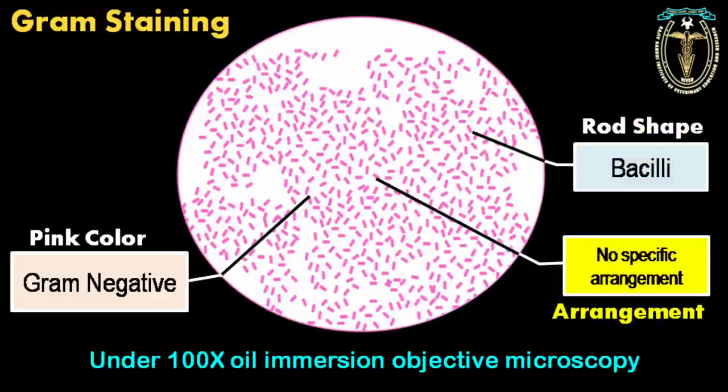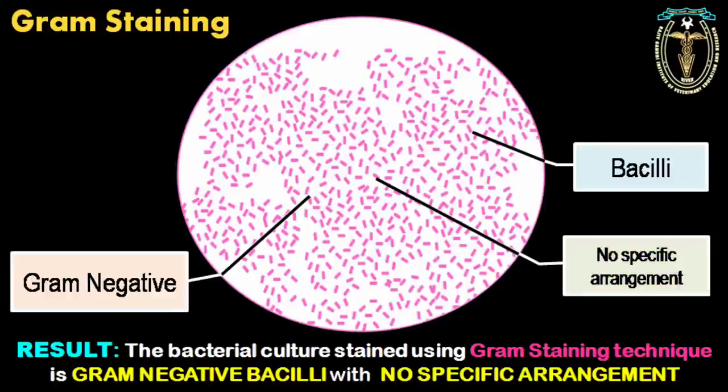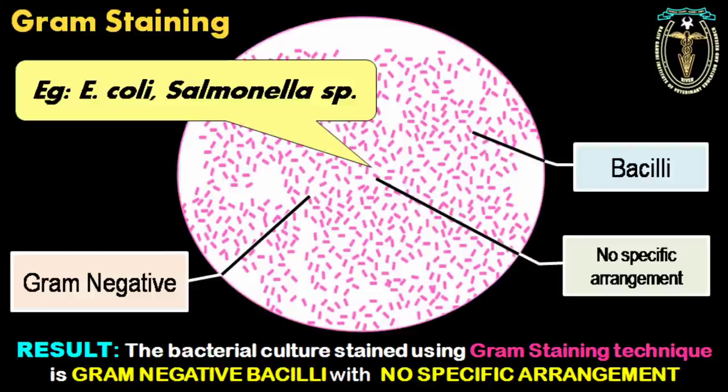There is no specific arrangement noticed. So, the result is written as: the bacterial culture stained using the Gram staining technique is gram-negative bacilli with no specific arrangement. The example of bacteria is the E. coli, the Salmonella, and many others, which possess this type of microscopic character.